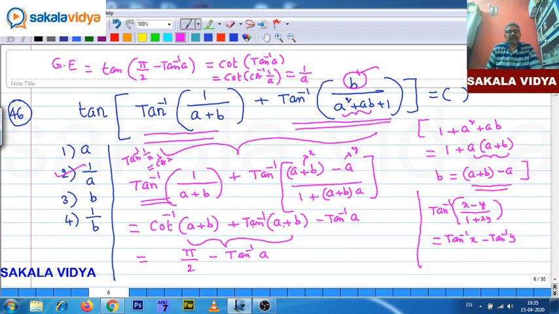Tan inverse x plus cot inverse x is pi by 2, giving pi by 2 minus tan inverse a. Tan of 90 degrees minus a is cot a, so cot of tan inverse a. Again this tan inverse a can be written as cot inverse 1 by a. Cot of cot inverse 1 by a is 1 by a.